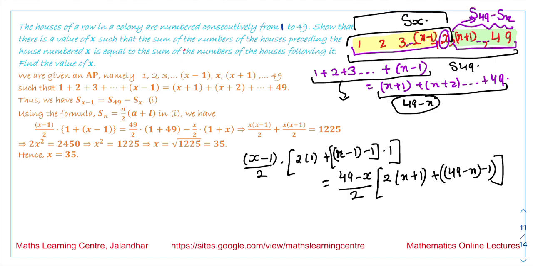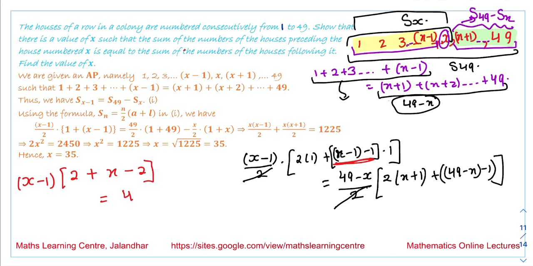The common difference again is 1. So from both these equations, this 2 gets cancelled. What we are left with is x minus 1 into 2 plus x minus 2. This term becomes x minus 2.